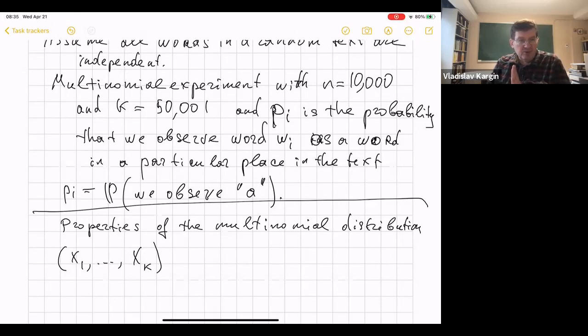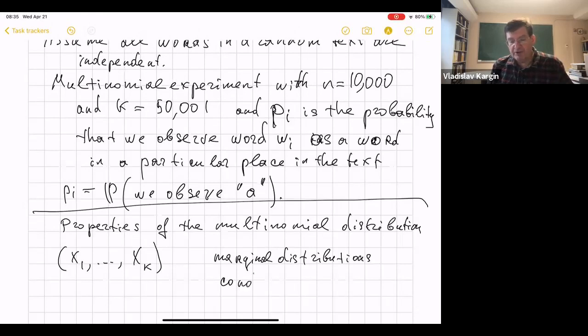In principle, we can also look at the conditional distribution. Maybe we will not do it in this specific case. Conditional means, suppose we observed that x1 is equal to something. What can you say about other random variables, about x2 through xk, if you know the value of x1?